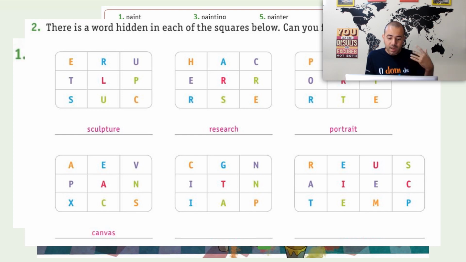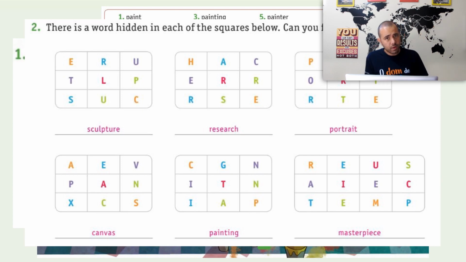Canvas. CIIGTANNP. Painting? Painting. RATEIEUEMSCP. It's not research. It's masterpiece. It's a little bit more difficult than the others, but it's masterpiece.